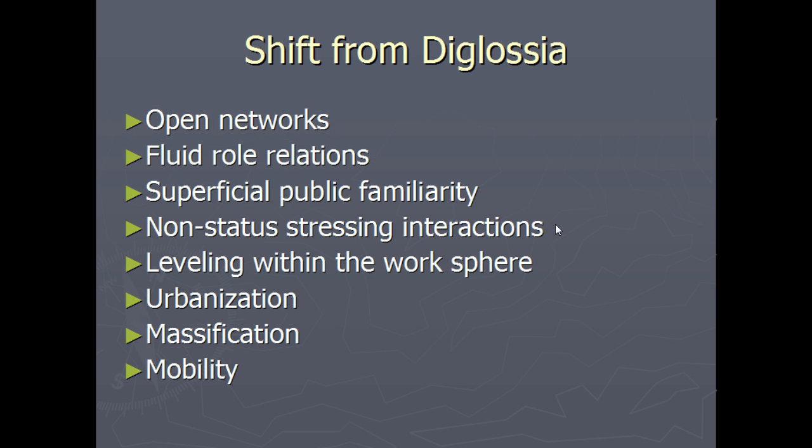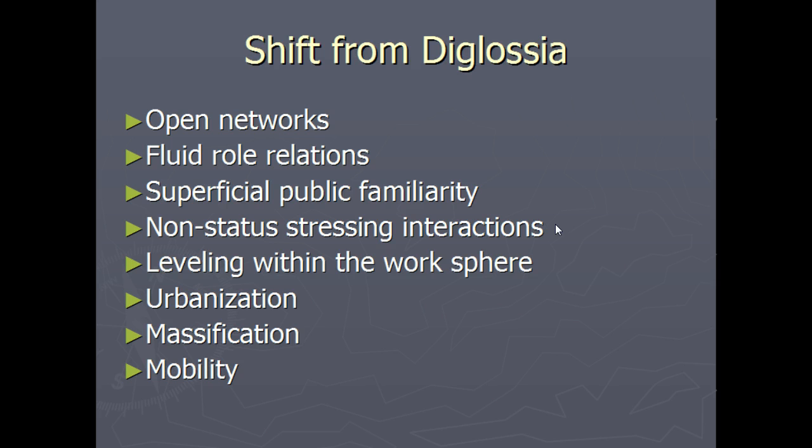There are also mechanisms undermining diglossia, or promoting a shift from a diglossic situation. These factors in modern life mitigate social compartmentalization, especially among young immigrant groups in countries where there is a dominating culture or language.